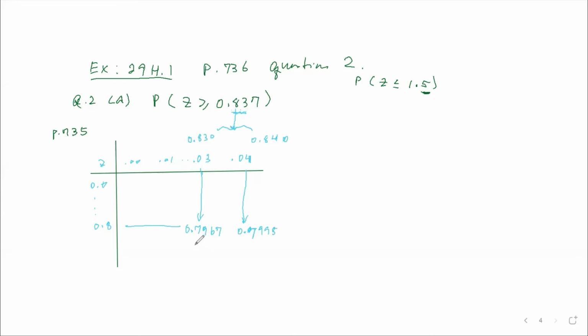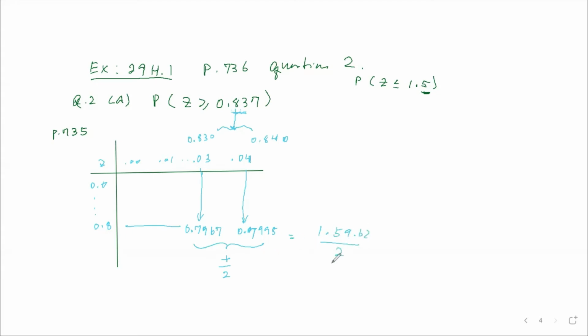So how to do? Then you get this one, the probability area you read, sum it up and divide it by 2. So we sum this one, what we have? 0.7967 plus 0.7995, is equal to 1.5962.